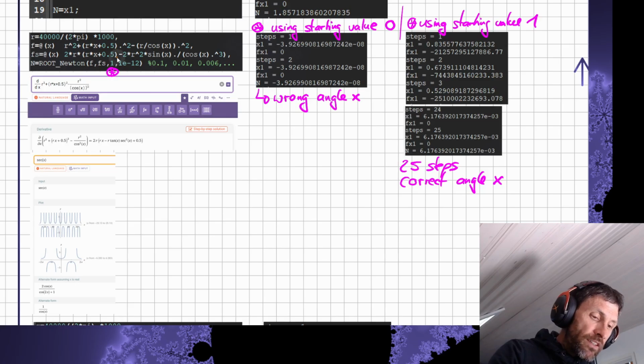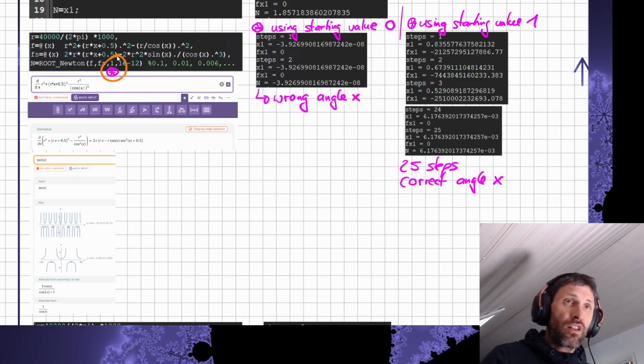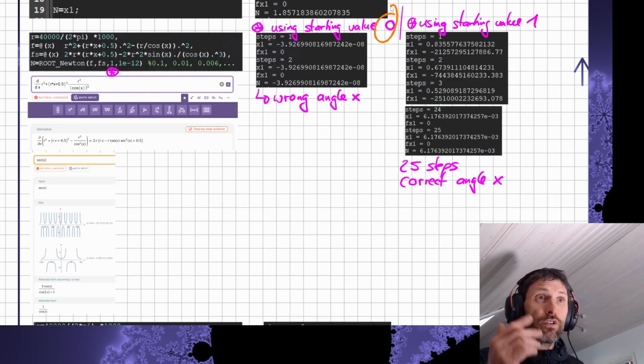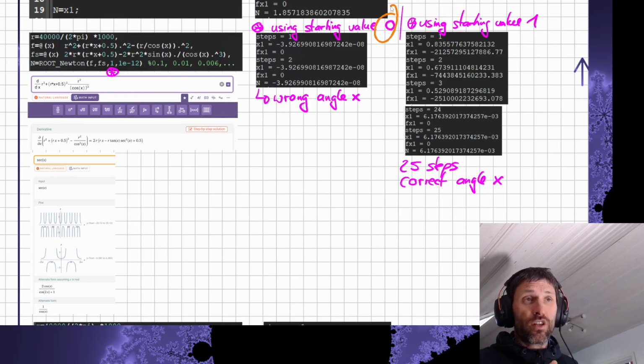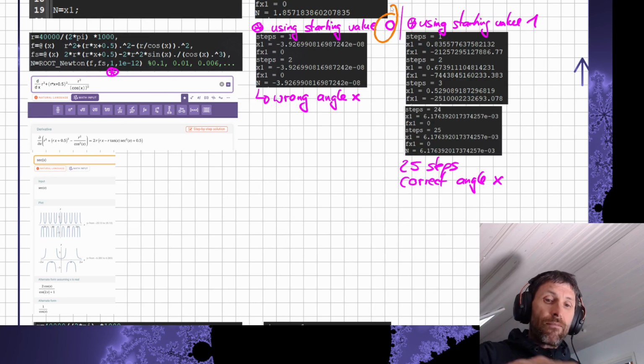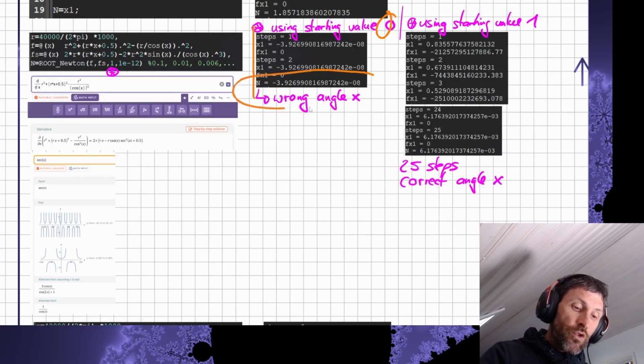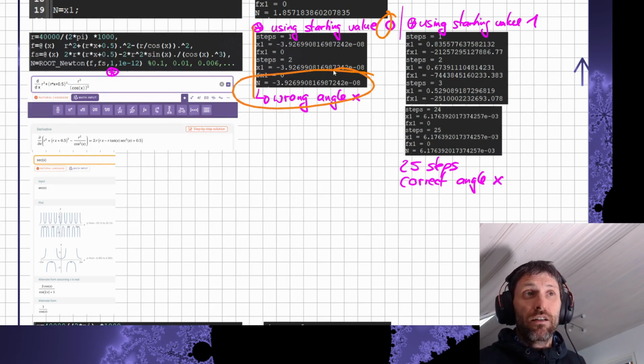Okay, so you can start with initial value 1 or with initial value 0, and if you start with 0, which is a very good choice, a much better choice than 1, it's much closer to the correct root. In this case, 0 is a non-allowed starting value because you get a root which you are not interested in.